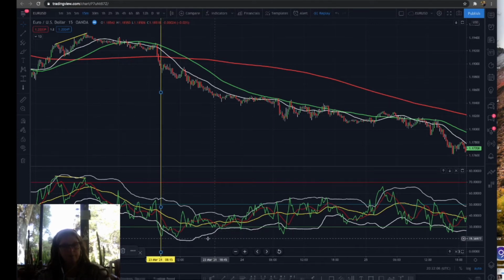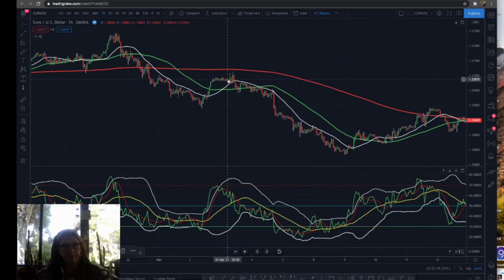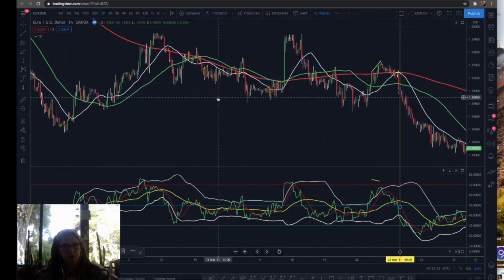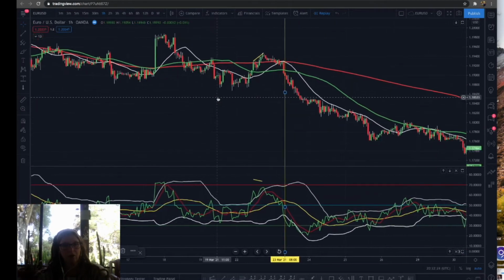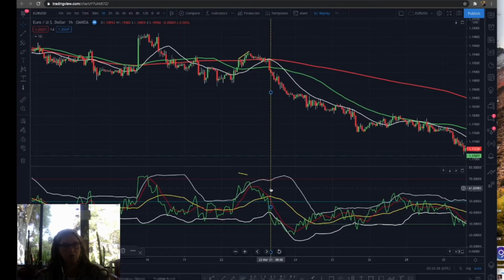Or when you get to the bottom of the band here and it's coming out on the 15-minute, you go up in time frame to the 1 hour, and you take a look at where it is on the 1 hour. So at that same point on the 1 hour, this was clearly out of the band.